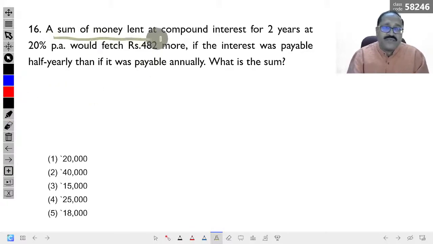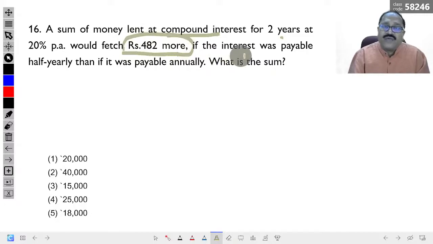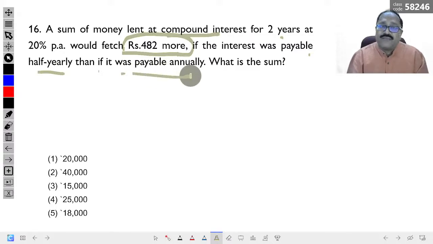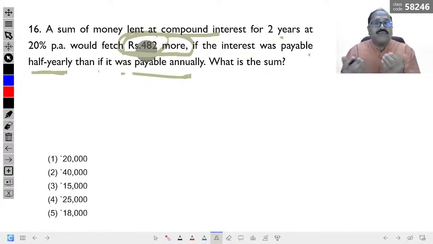Then a sum of money is invested in compound interest for 2 years at 20% per annum. Okay, compound interest, I know it's 44% for 2 years, and which fetches rupees 482 more if the interest was payable half yearly than if it is payable yearly. अगर हाफ ईयरली पेमेंट होता तो इसमें 482 रुपीज मोर मिलता.